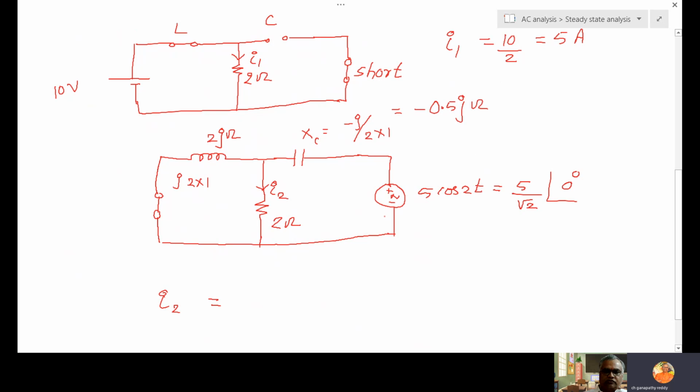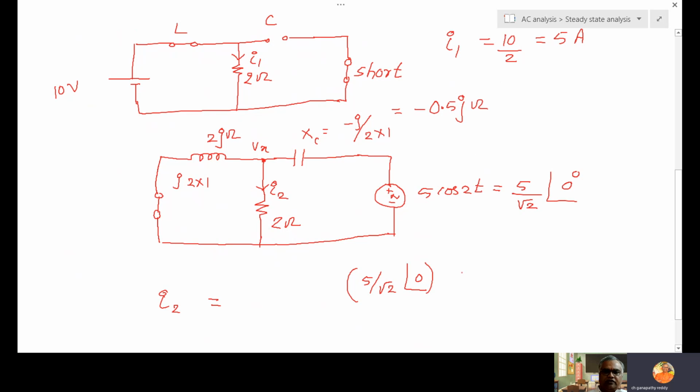For a single source problem, always use voltage division or current division concept. Don't go by nodal or mesh analysis unnecessarily. That will take more time. This voltage is dividing between the capacitor and these two in parallel. So first simplify this equivalent, and this source is dividing between the capacitor and this equivalent. I am assuming this voltage as some Vx. So what is the voltage here? 5 by root 2 angle 0 is the voltage.